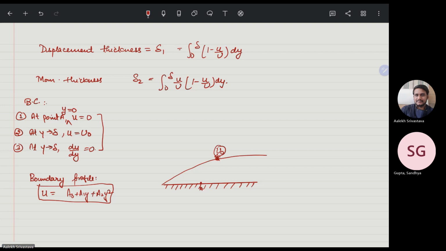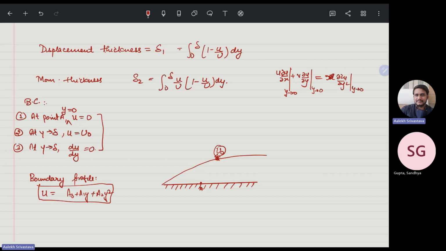How that can be obtained is, you know that this is the equation: u del u by del x plus v del u by del y is equal to mu del 2 u by del y square. This is your x direction momentum equation for the boundary layer, and assume that it's for the flat plate. We will take the limit as y tends to 0. What will happen?